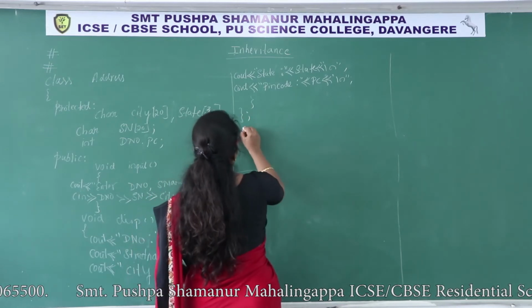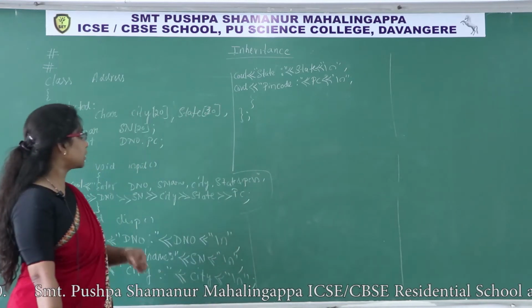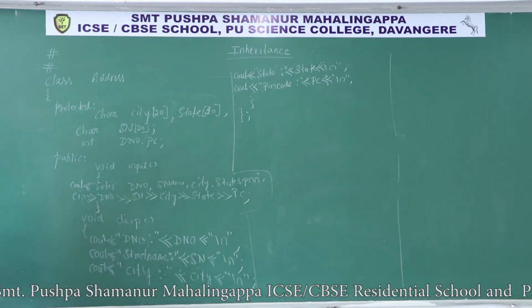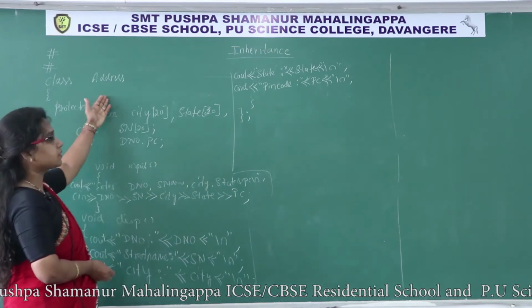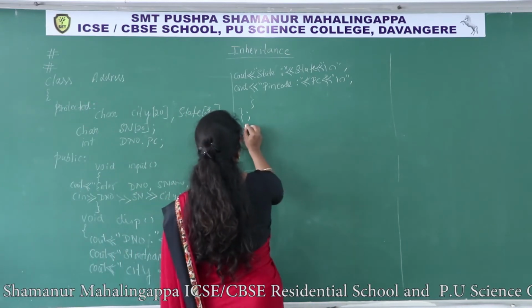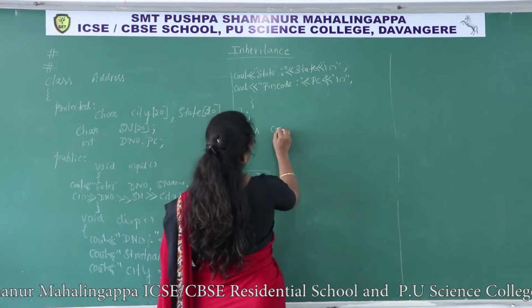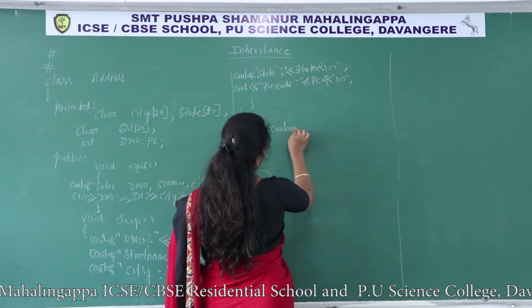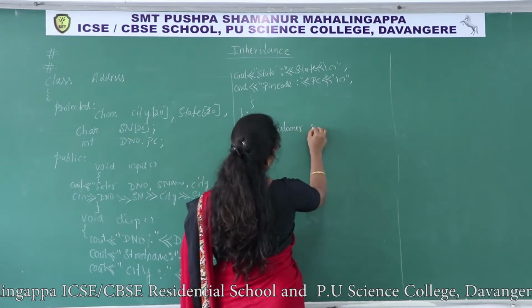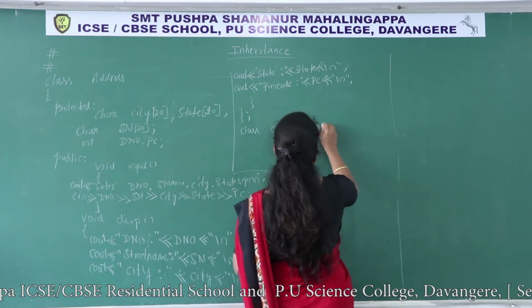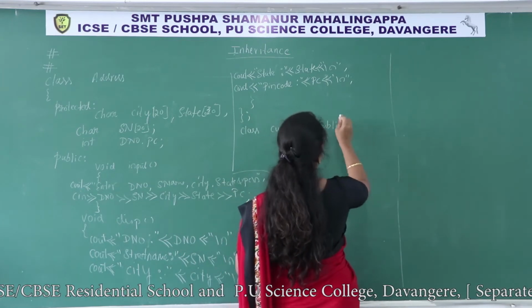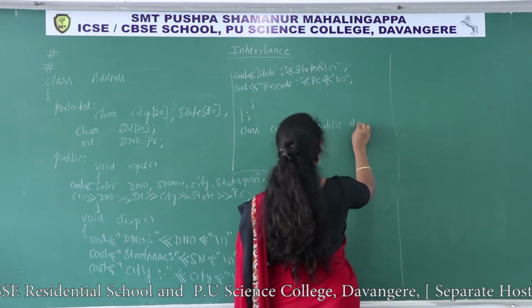Next, now I'll derive a class called customer. It is a subclass of class address. Class customer colon, I'll inherit in public mode, base class name address.